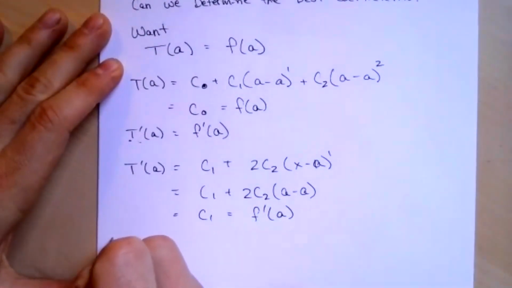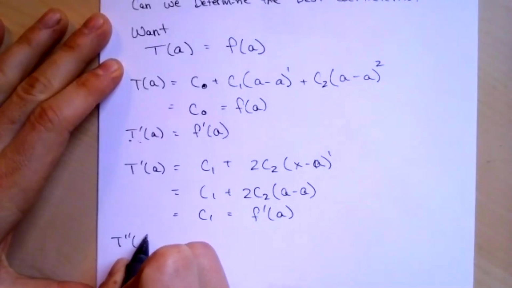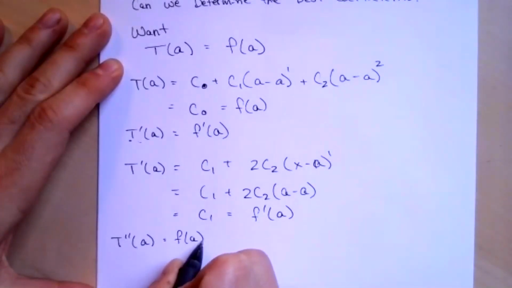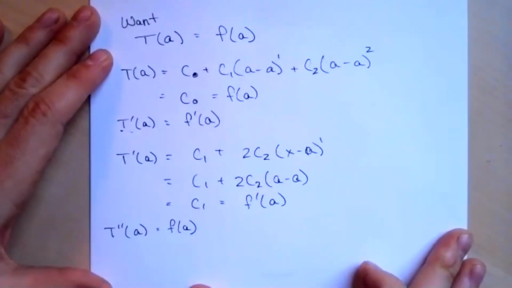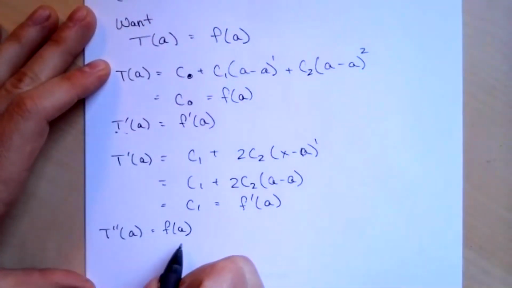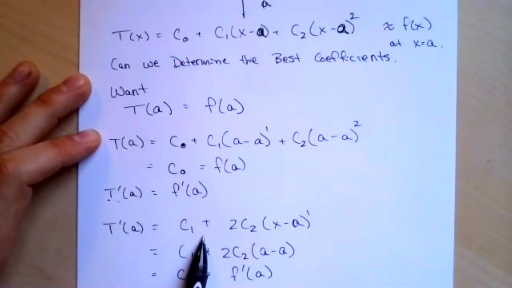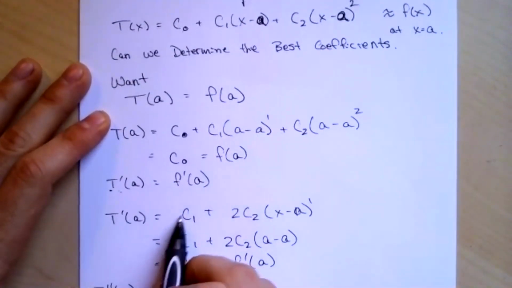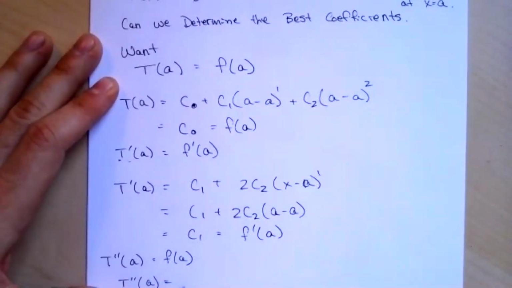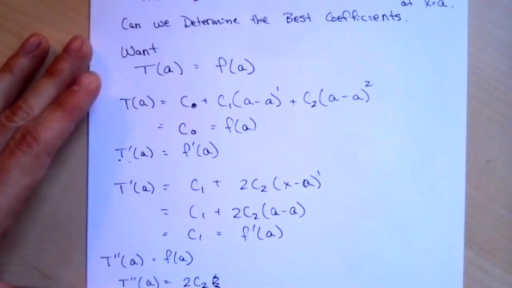So our second derivative, if we need those to match, is going to give us the equation, well, T double prime of a, we're going to take one more derivative from the first. That's going to kill the c1 constant, and we will have 2c2 times (x minus a) to the 0.